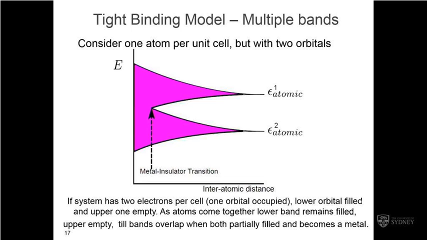So there are some materials where you can induce either a metal to semiconductor transition or a semiconductor or insulator transition into a metal just by changing the lattice constant through strain or epitaxial growth or whatever mechanism.